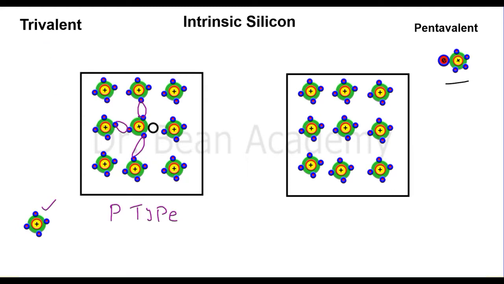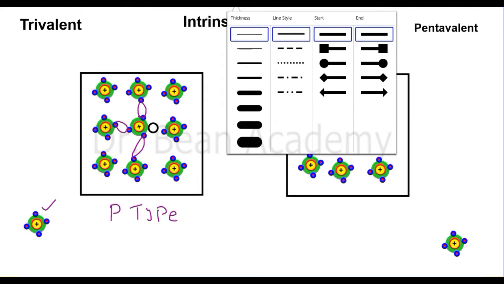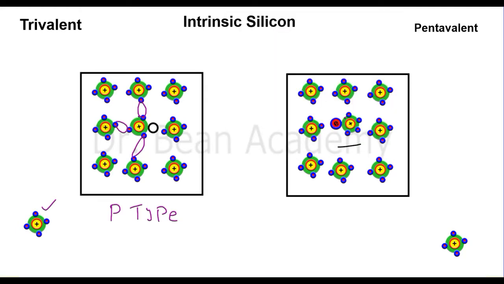Similarly, if I replace a silicon atom with a pentavalent atom, because a pentavalent atom has 5 electrons in the outermost shell, according to the rule, 4 electrons will make a covalent bond with 4 neighboring atoms.